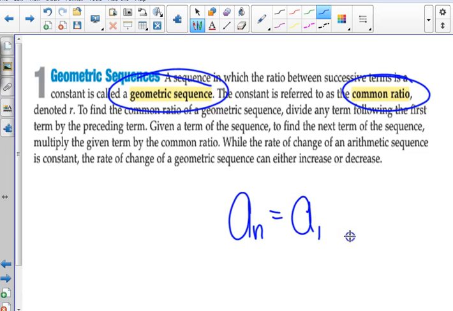Take the first term and you don't add, you multiply. And how do you say you multiply it over and over and over? Okay, it's an exponent and it's n minus 1 because to get the first term, we don't have to multiply, right? After that, we multiply. Ready remembering? Okay.